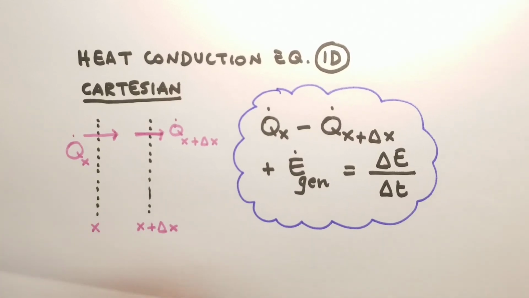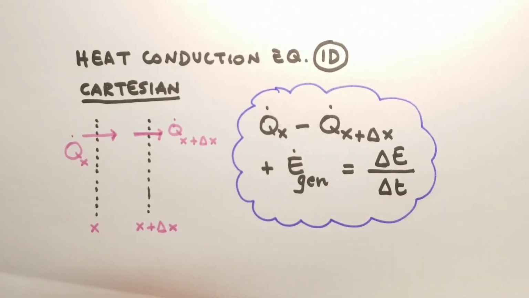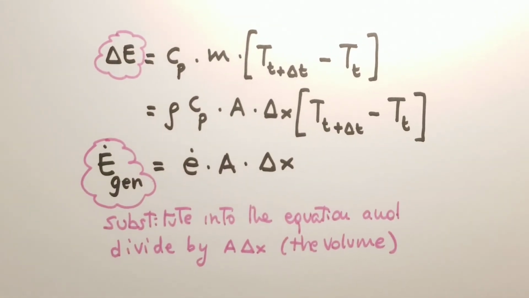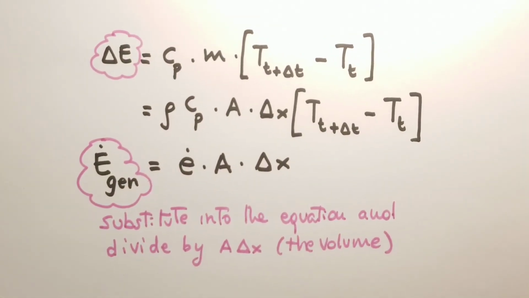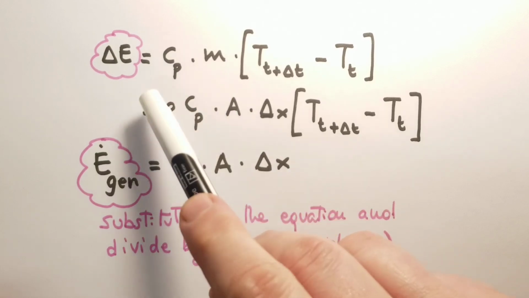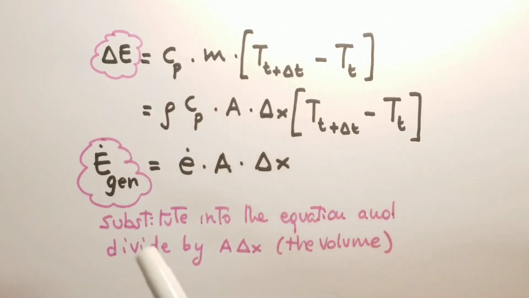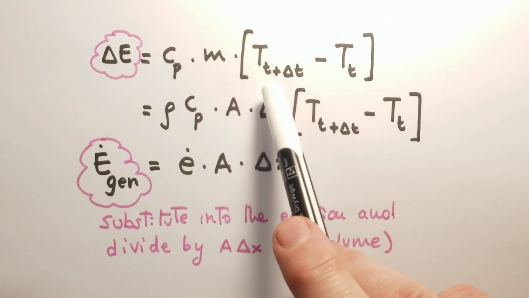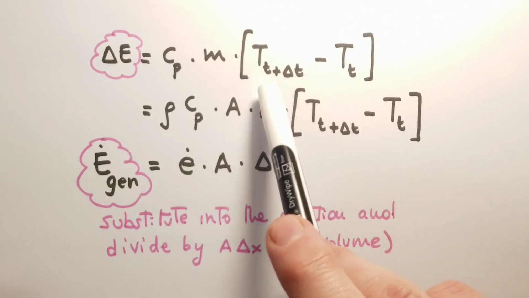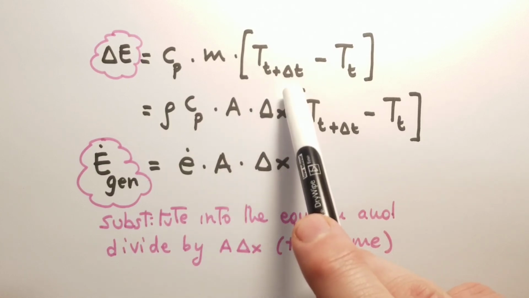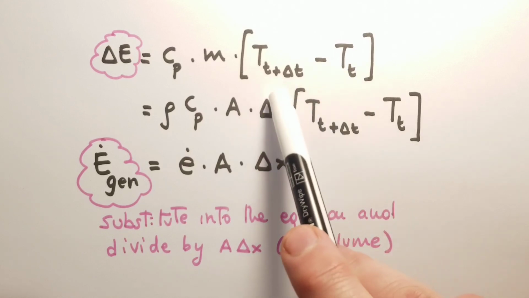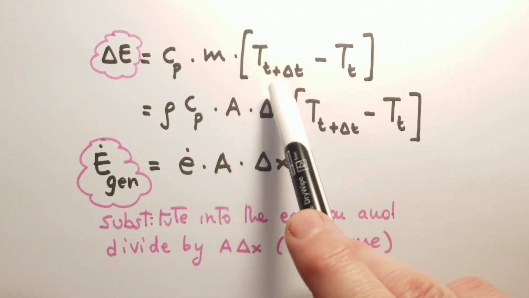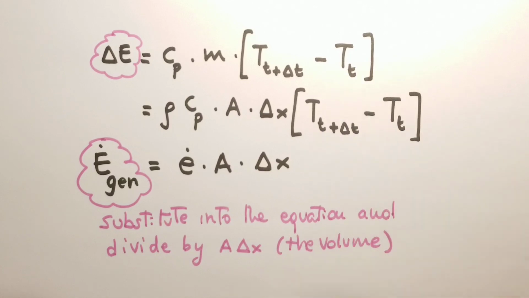So let's look at delta E and the heat generation now. So delta E, as I said, is the change of thermal energy. So this will be the mass times the specific heat times the difference in temperature at t plus delta t minus T at t. So that's the temperature at the time t plus delta t and the temperature at time t.